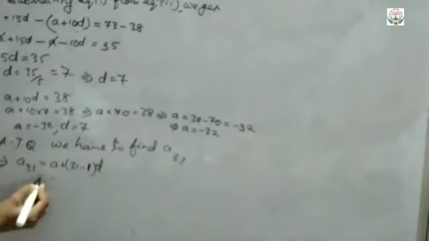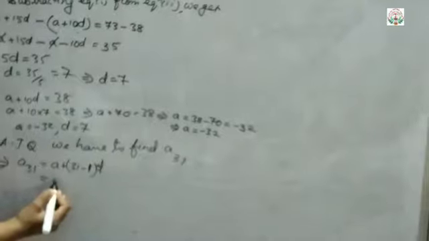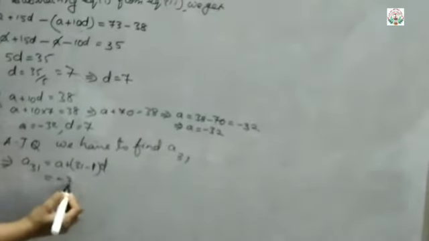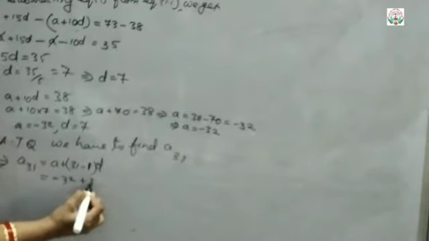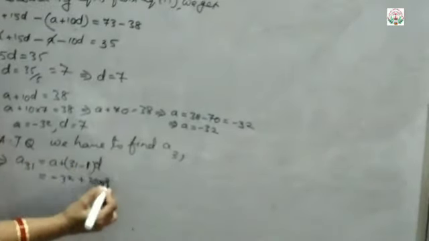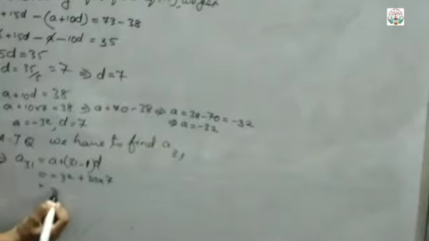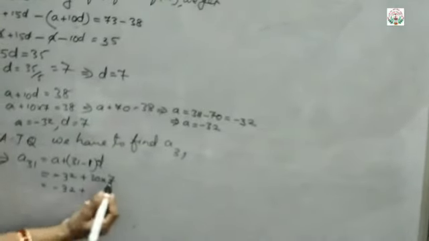So put and get the value of A31. That is, A is minus 32 plus, on subtraction 31 minus 1 you will get 30, into D is how much? 7. So that equals minus 32 plus 210.